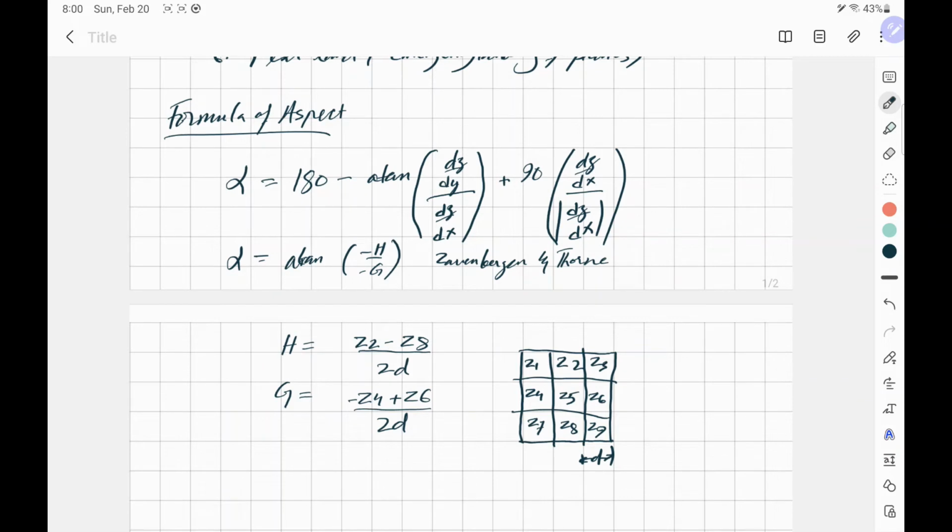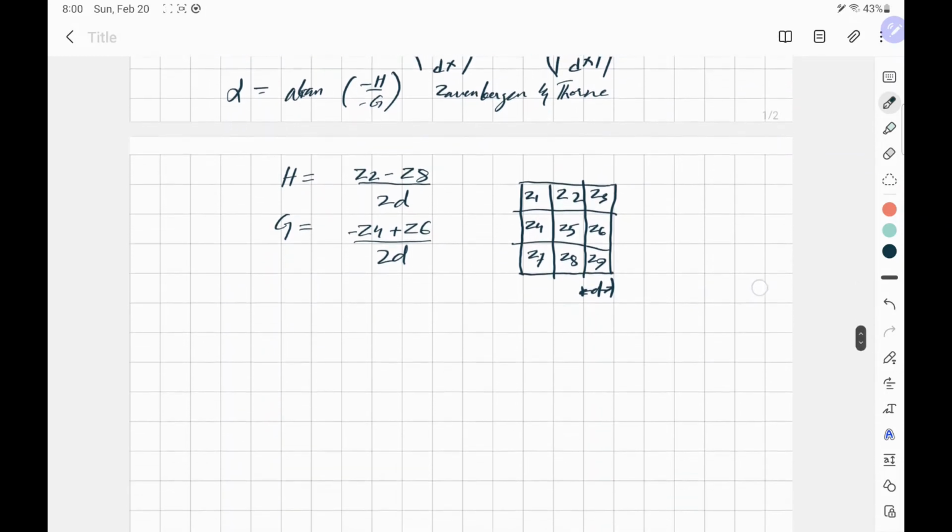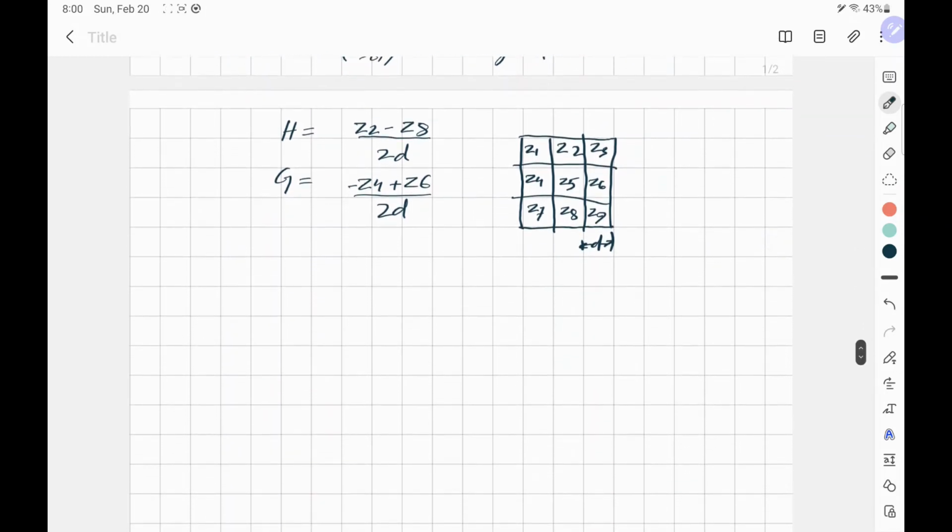So this is another formula for calculating slope. According to ArcGIS, the slope is the following. The aspect is the following. An aspect is based on the slope.